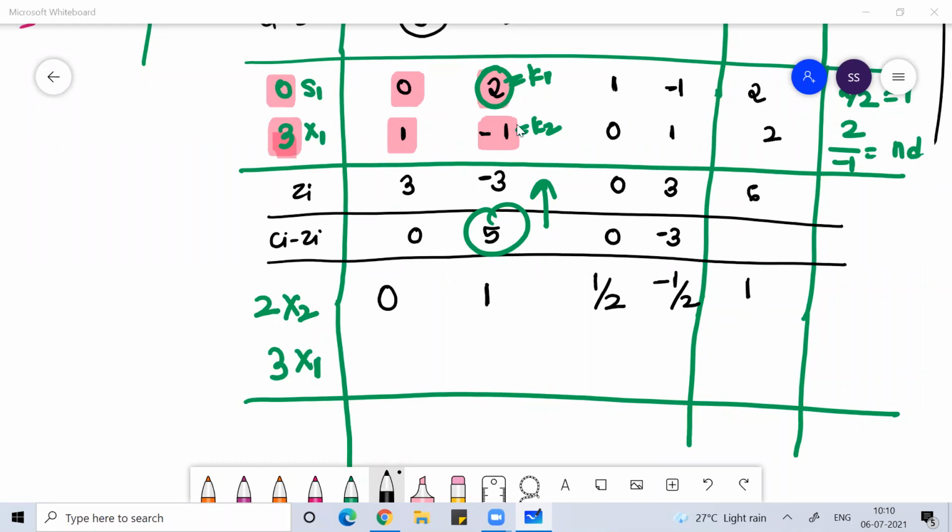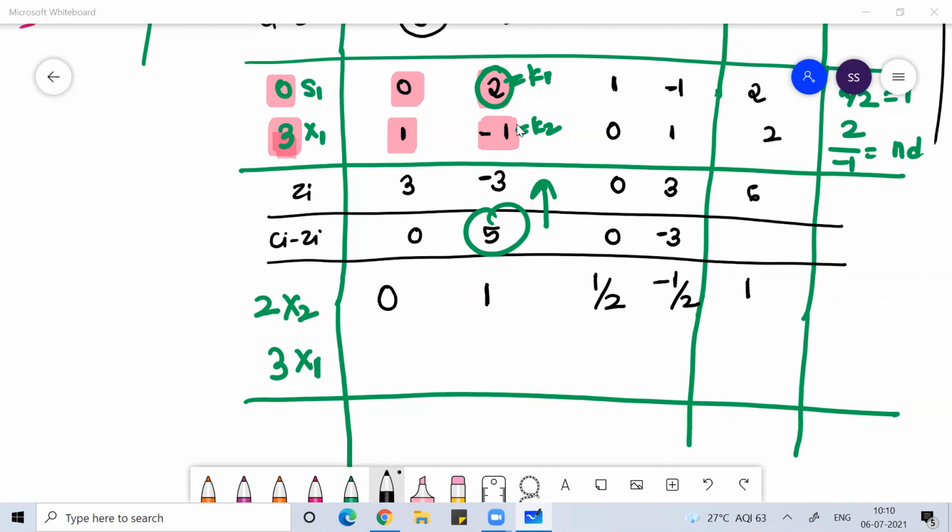So you just need to find the values of x2. s1 is being replaced by x2. You need to figure out the point of intersection between s1 and x2, which is called the pivot element. Divide all the elements of your row by that element.